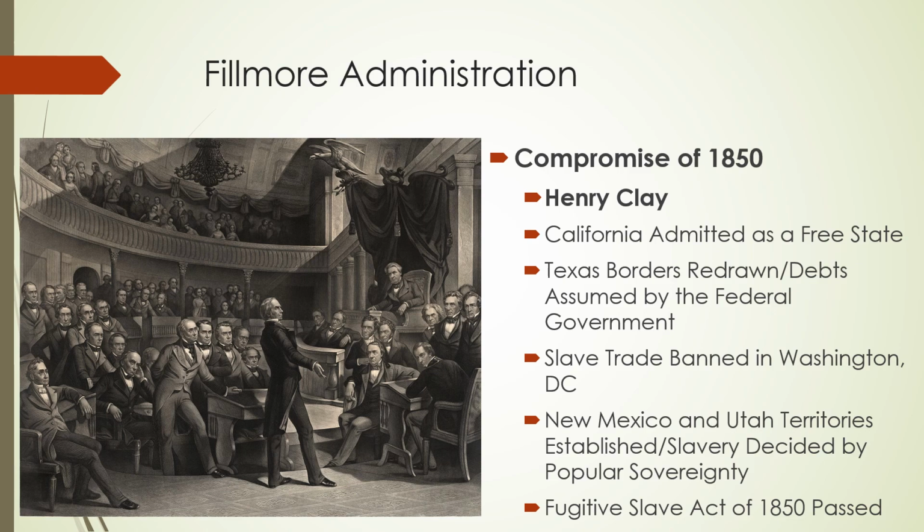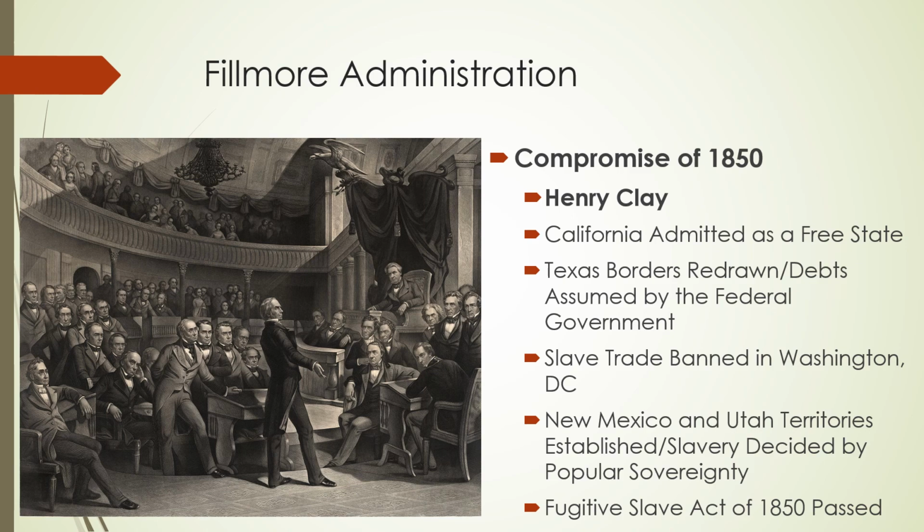Now, another part is New Mexico and Utah territories. So basically, Texas gives up this extra land that it's claimed, and so now there's a large section of land between Texas and California. Basically, they're going to split that into a northern half and a southern half.